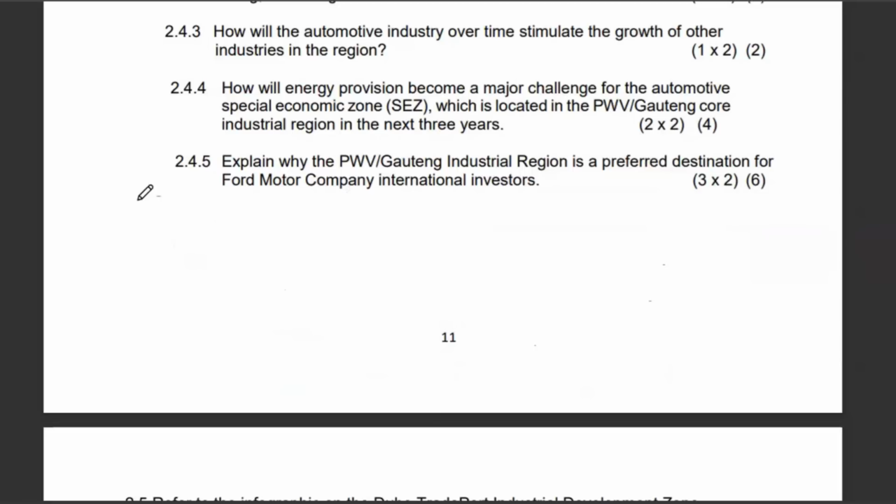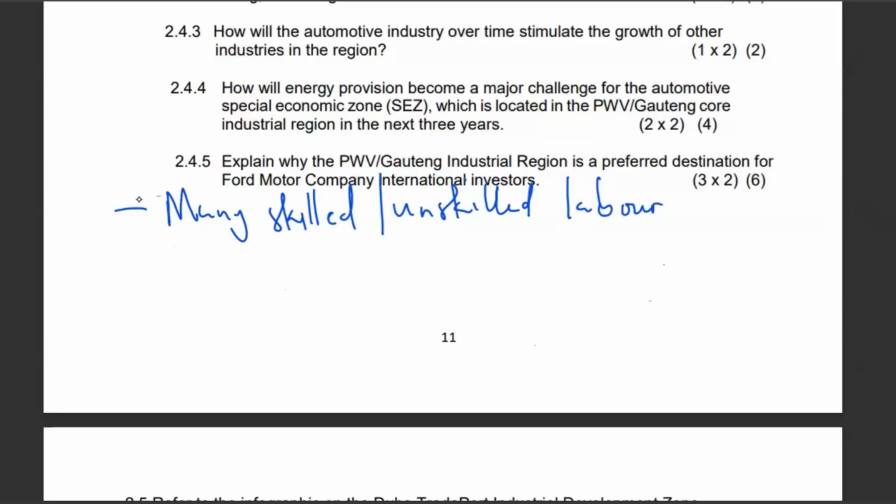What's the motive? Right, if we check there, in terms of labor, Gauteng is the hub of many skilled and unskilled workers. Where they need skilled labor, the workers are readily available. Where they need unskilled labor, the labor is also available. Gauteng, remember, is highly populated. And for that reason, it's very easy for those companies to get labor to do production.